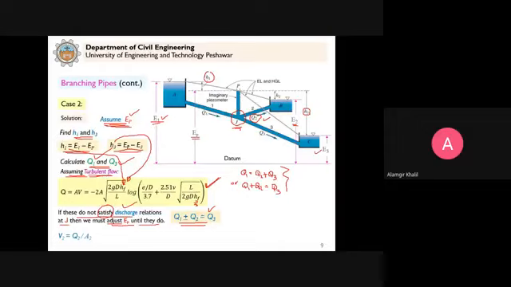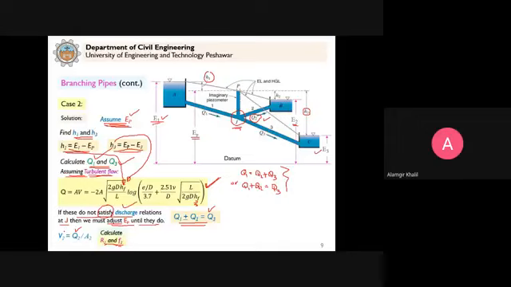Once the discharge equation is satisfied, then we can calculate V2, because Q2 is given to us, and from there we can calculate R2 and F2, as I said earlier. R2 is the Reynolds number and F2 is the friction factor.